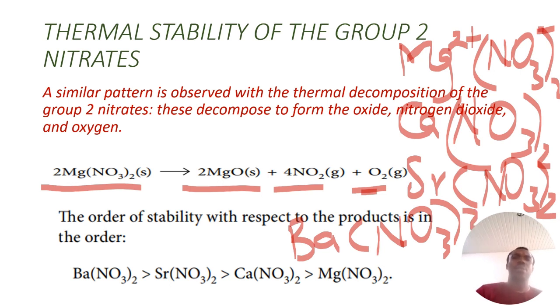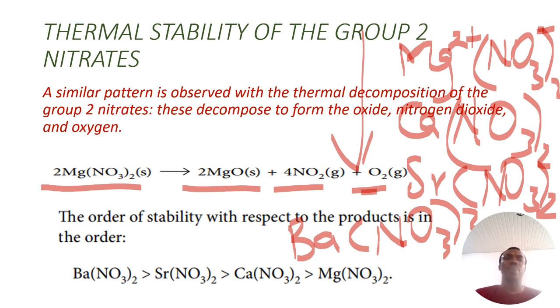Now what happens is that as you go down the group, the ionic size increases. So the charge density will decrease and the polarizing power will decrease also. So barium nitrate is least polarized compared to magnesium nitrate, calcium nitrate, or strontium nitrate. So the most polarized is magnesium nitrate, while the least polarized is barium nitrate.